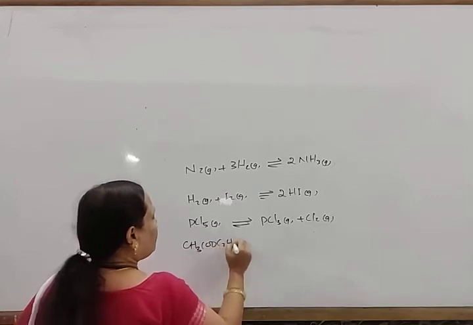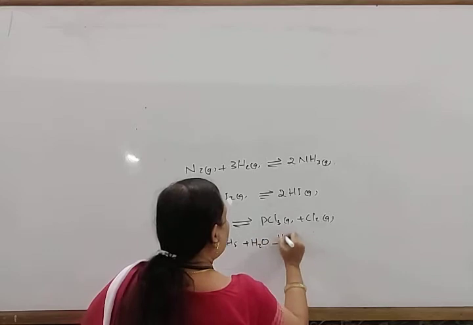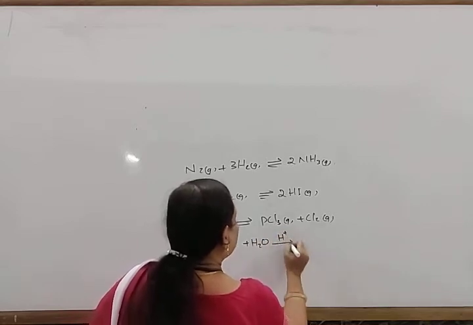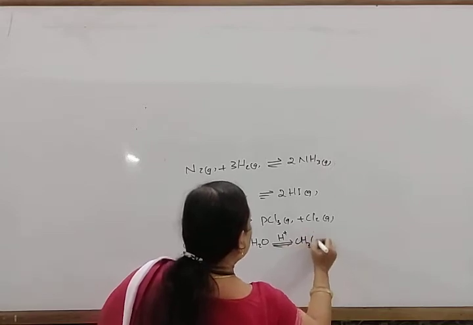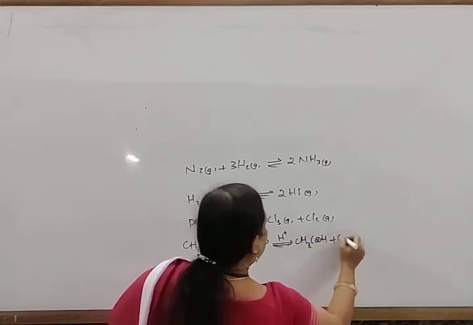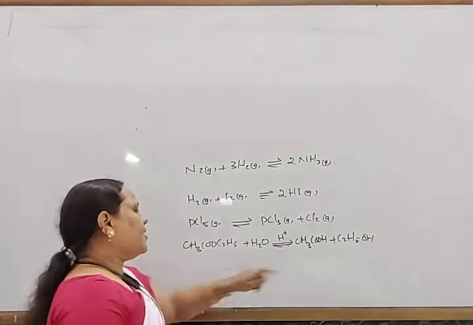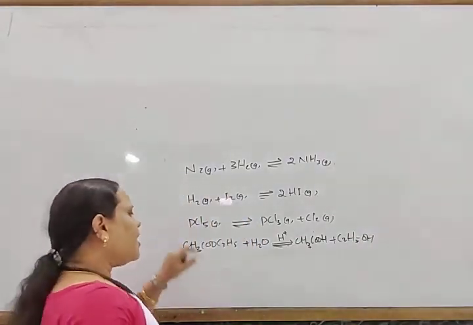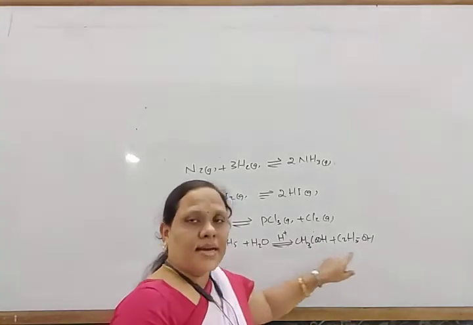suppose you take some ester and treat it with water in the presence of acid, it gives rise to acid plus alcohol. This alcohol and acid again react to give the ester, and the ester again undergoes hydrolysis to form acid and alcohol.